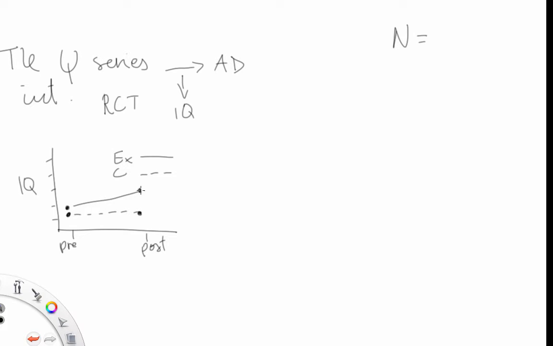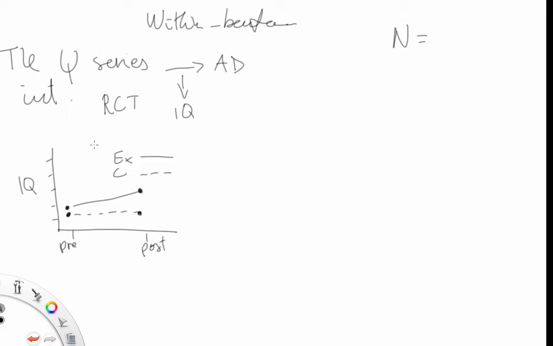Now, the question here becomes, well, how many participants do I need to randomly allocate into these two different conditions in order to detect a meaningful improvement in IQ in participants with Alzheimer's disease? And I can run a power analysis, and this is now within between group design, by the way, and so we would be running a mixed model ANOVA.